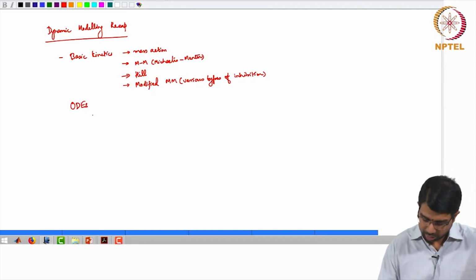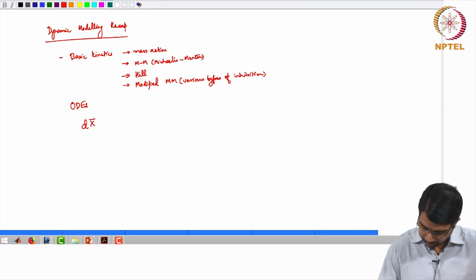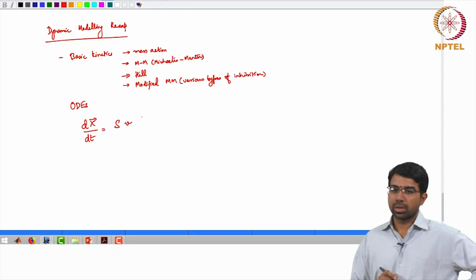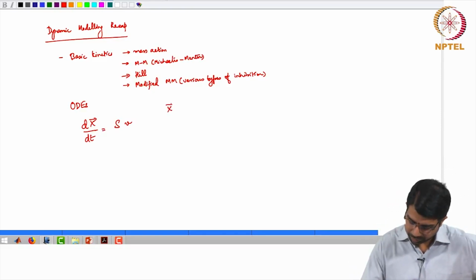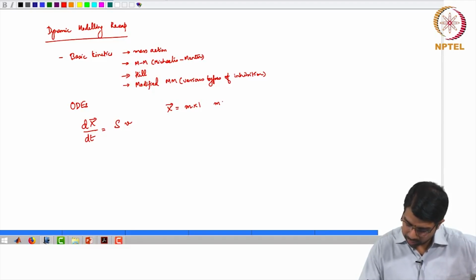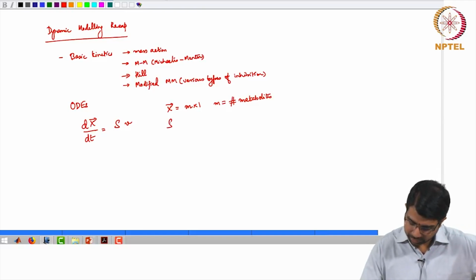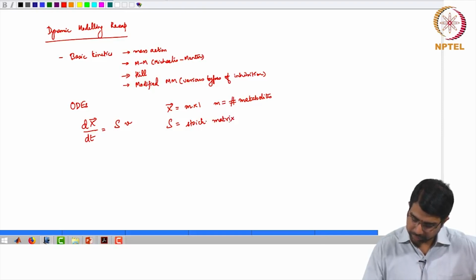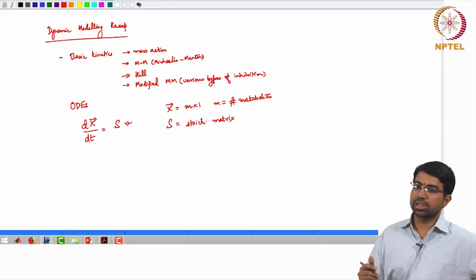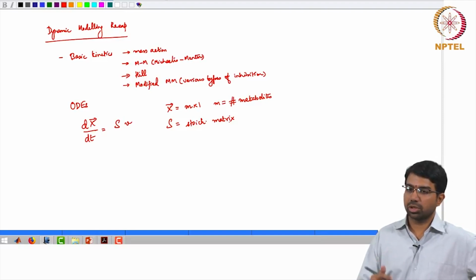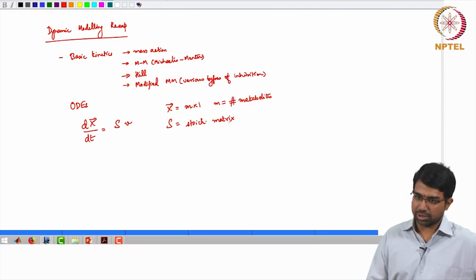So, then ODEs, right. What did our ODE system look like? Right, where X is your m cross 1 vector, m equals number of metabolites, S is the stoichiometric matrix, which has negative coefficients for reactants in a reaction and positive stoichiometric coefficients for products in the same reaction.